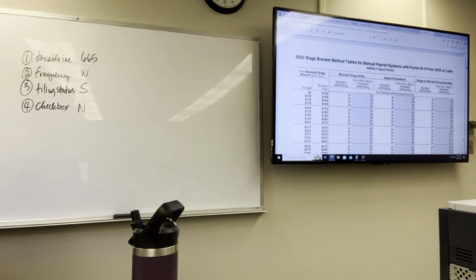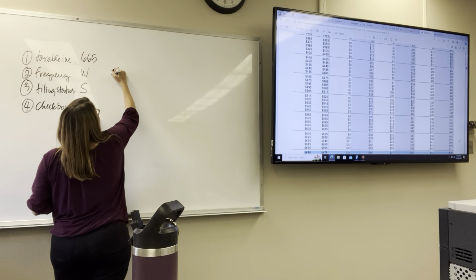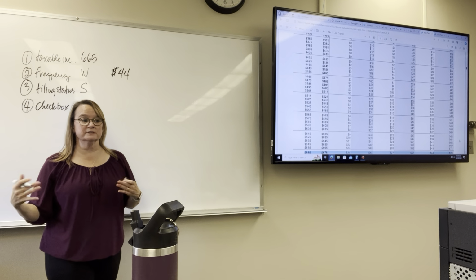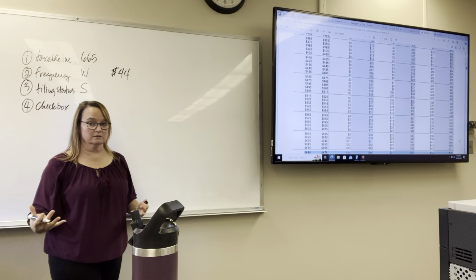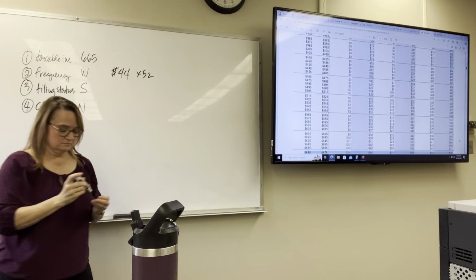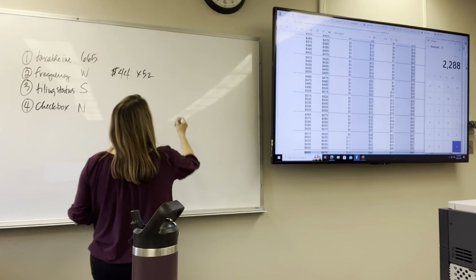So I think it's $44. But we're not done, because this is for a W-2 and this is going to be for the entire year. She was paid 52 times. $22.88.